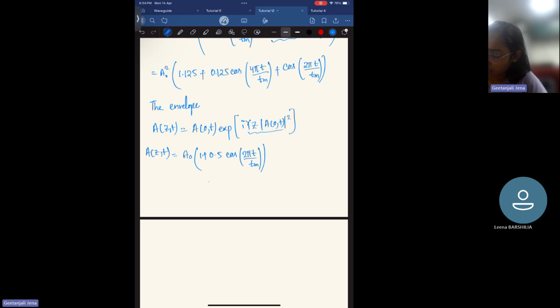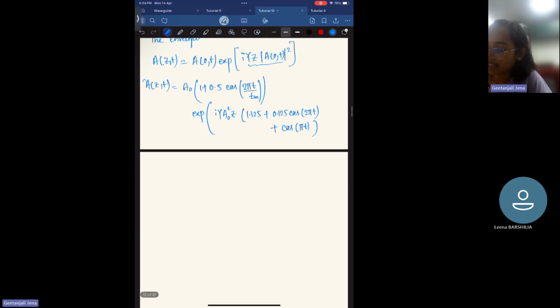This is A0. And the phase part is exponential i gamma A0 squared z times (1.125 plus 0.125 cos, and we can put 2 picosecond here, so this will give cos 2 pi t plus cos pi t). So this will be the phase envelope when it propagates through the medium.